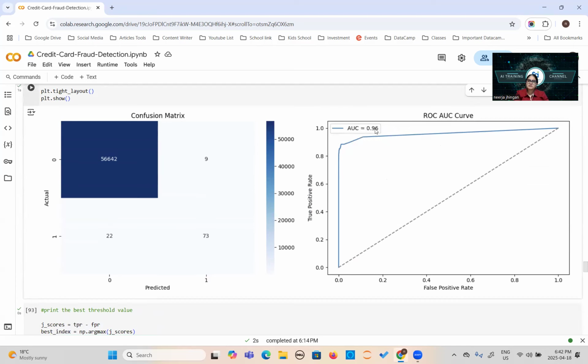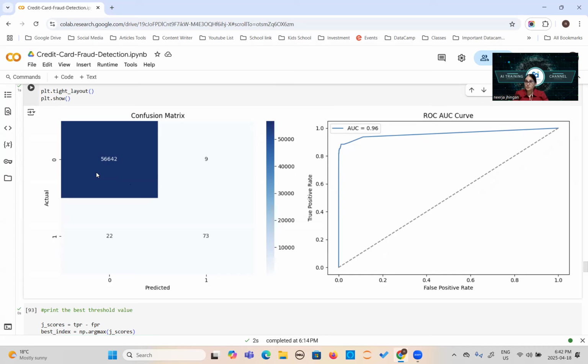This means your model was able to predict with a true positive rate of 96% probability, detecting the transactions correctly. I'm repeating: let's say these are the total transactions, including this one, so your model was able to predict 96% correctly.